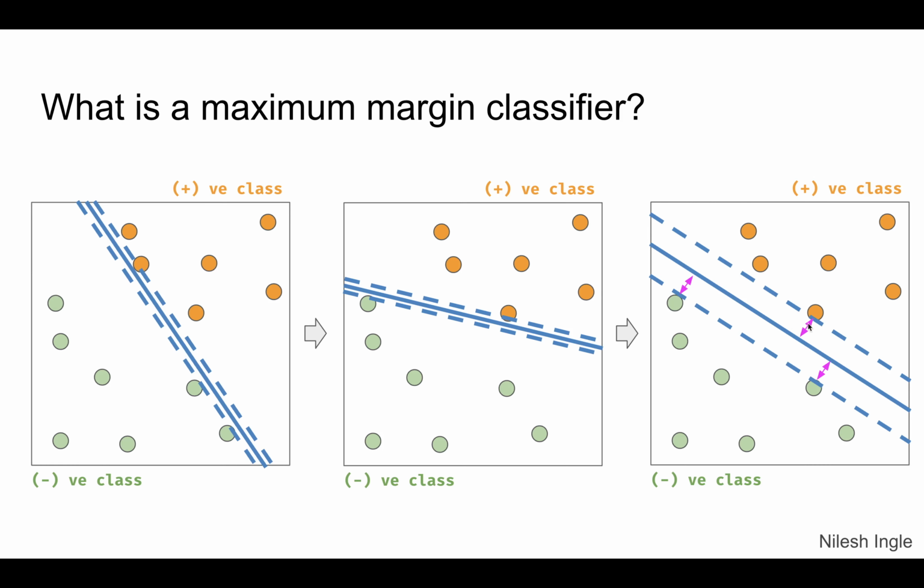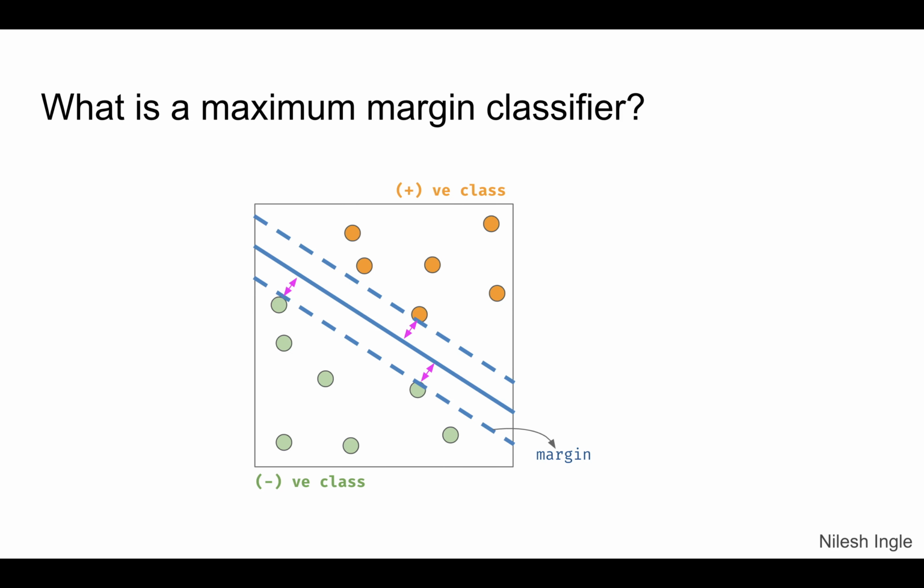We get a maximum separation between the 2 classes if we draw this solid line right through the middle of these 2 green dots and this one orange dot. We have the dotted line shifted far away from the solid line, and thus in this position we get the maximum width or maximum margin. The classifier that tries to classify data points using this approach is called the maximum margin classifier.